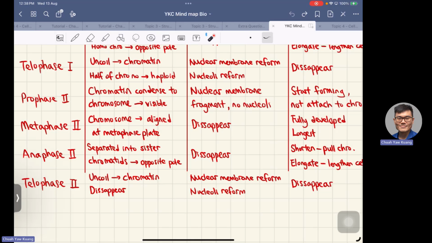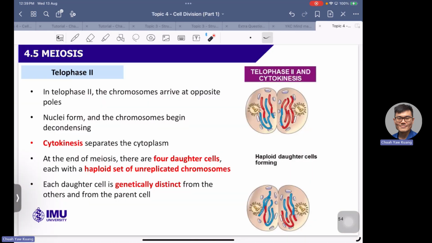These are the two points you need to know. Otherwise the whole meiosis 2 table is totally the same as mitosis. That is basically all about the meiosis process.